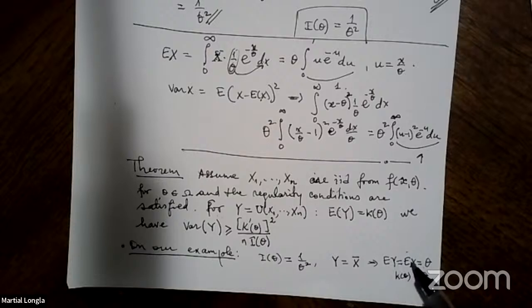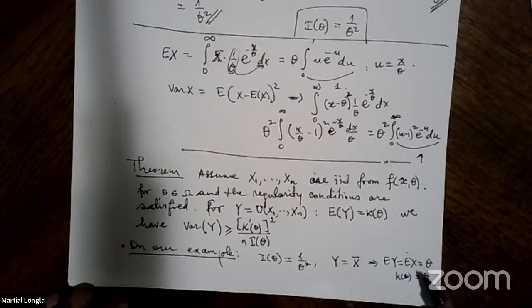The expected value of Y, which is x bar, equals the expected value of x, because x bar is 1 over n times x1 plus x2 all the way to xn, and they all have the same mean. Each of them has a mean theta, so you get n theta over n, which is theta. Are we good?